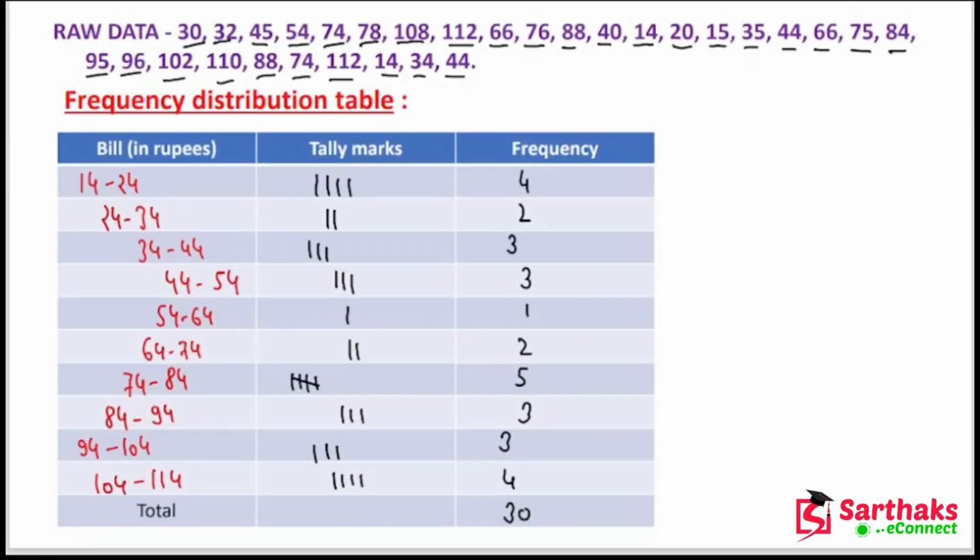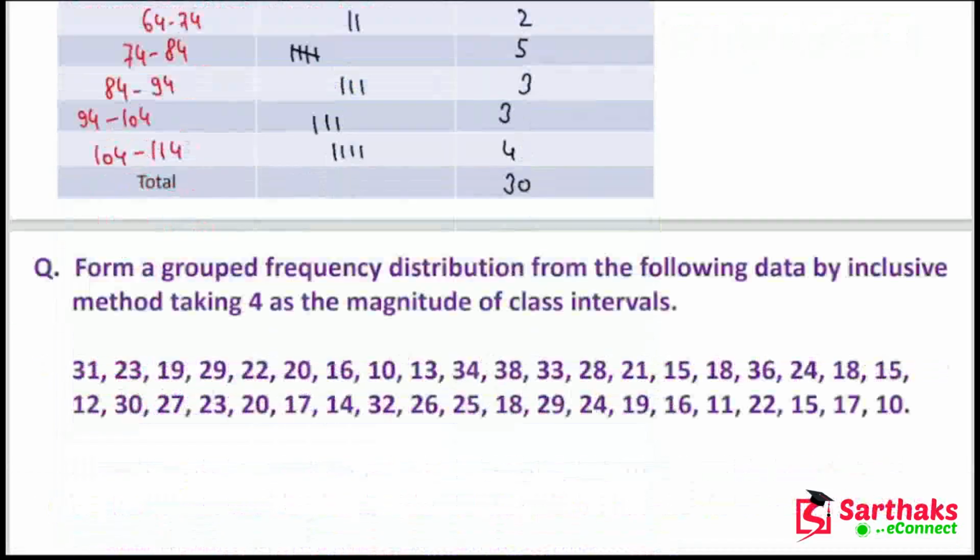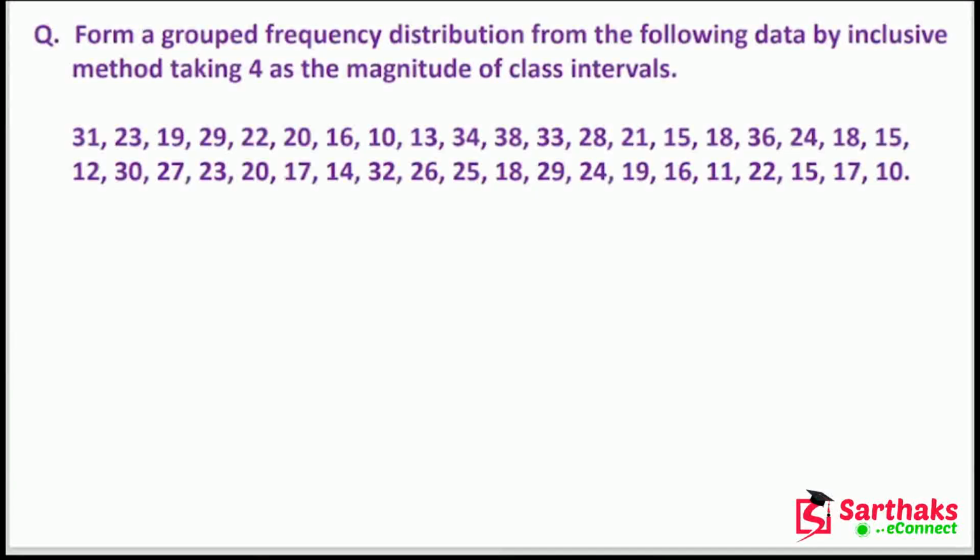So let us take another question to form a similar table with the help of the inclusive method. This question says: form a grouped frequency distribution from the following data by the inclusive method, taking 4 as the magnitude of class interval. Again the class size has been given, since the magnitude of class interval means the class size.